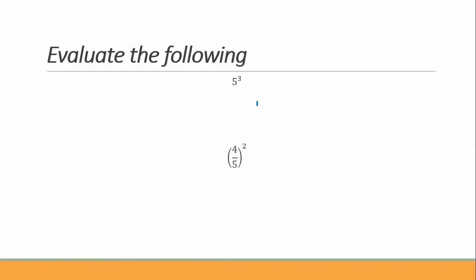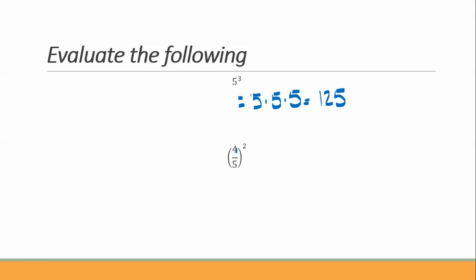Let's evaluate the following. So this is 5 cubed, so this is saying we're going to take 5 and multiply it by itself 3 times. So 5 times 5 times 5. So that's 5 times 5 is 25, times another 5 is 125.